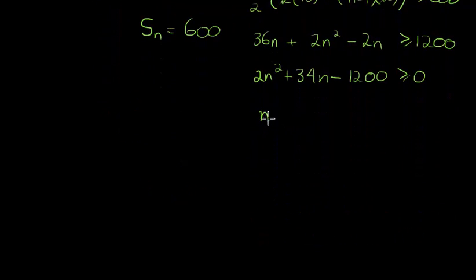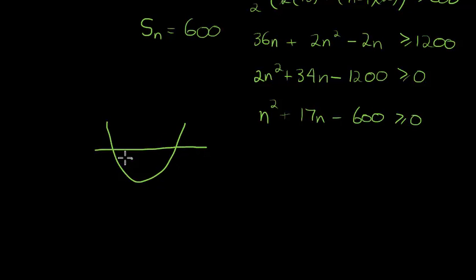Then I get n squared plus 17n minus 600 is greater or equal to 0. Remember, this is an inequality, so I want my two intercepts. It's a positive 17.